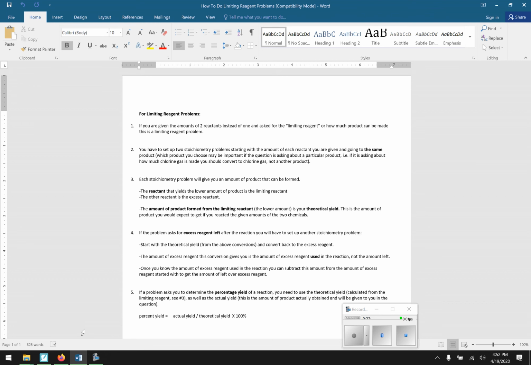But you might want to look at this and follow it along as I go through the examples or as you're doing your problems. For the regular stoichiometry I did in these, you just use that how to do stoichiometry worksheet. Those are the same steps. Now we're just doing 2 of those. This just gives you the details on how to set that up. So this will be there too for you, the how-to sheet.